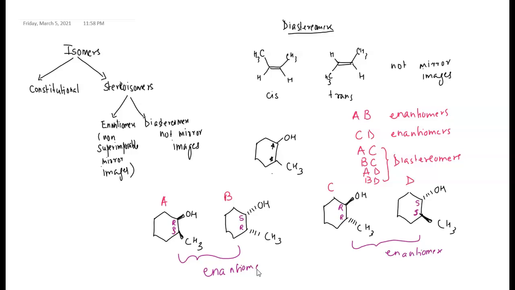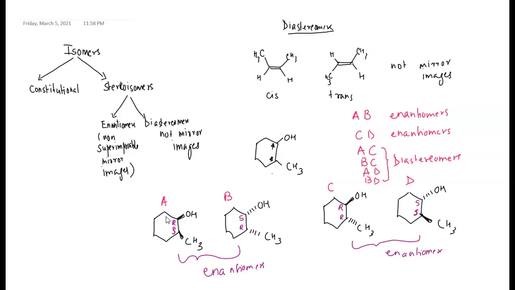But like we said before, the relationship between A and C, B and C, A and D, and B and D is that of diastereomers. So what else can you conclude from this? That if they are enantiomers, the chirality is reversed at all chiral centers. Among enantiomers, you can see that the chirality is reversed at all chiral centers. R becomes S, this R becomes S, R becomes S, and this S becomes R. But in diastereomers, the chirality is reversed at some centers and it is not reversed at some other centers, right?